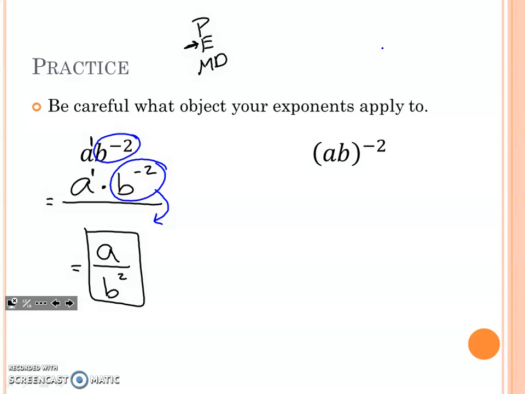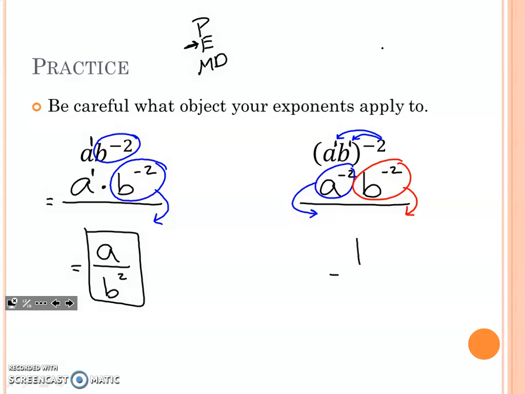Versus if the exponent is on the outside of the parentheses. First off, we should remember if it's on the outside of the parentheses that we've got to distribute that 2 into everything. The 2 goes to the a and to the b. This is really an a to the negative 2, b to the negative 2. Remember, when you have parentheses, it has to distribute in. Okay? So in this situation, a to the negative 2 needs to move down, and my b to the negative 2 needs to move down.